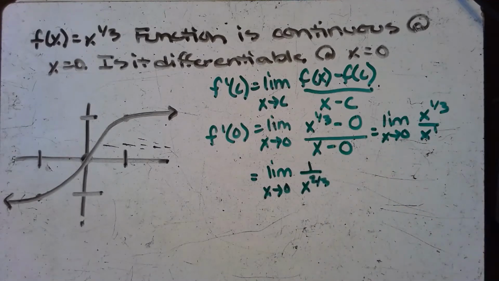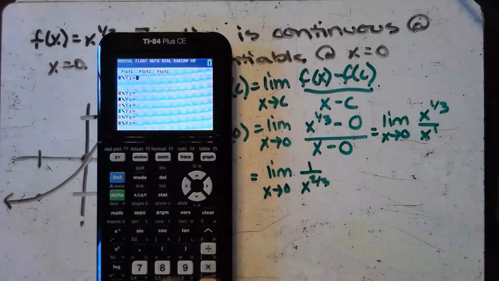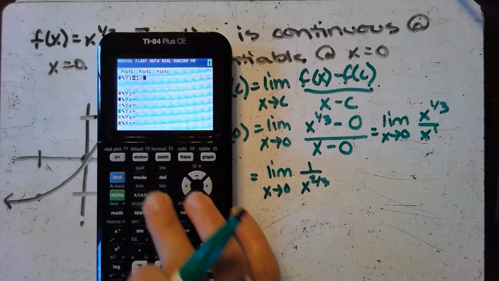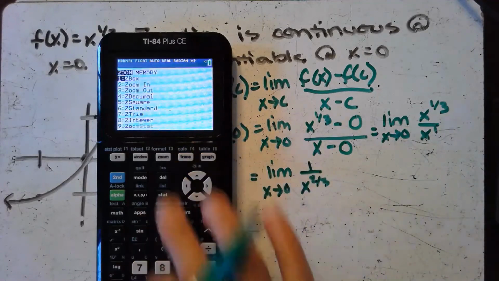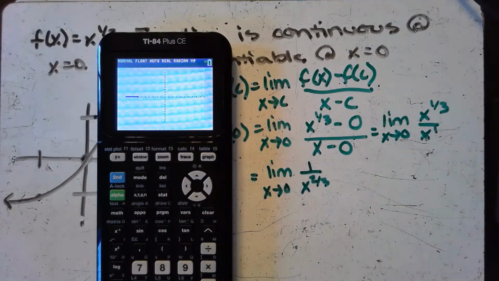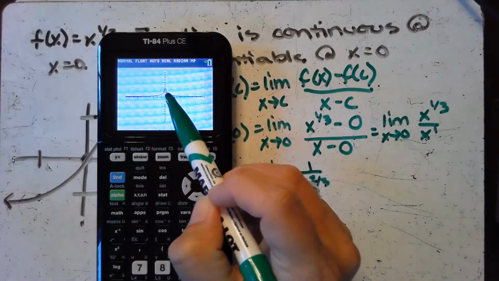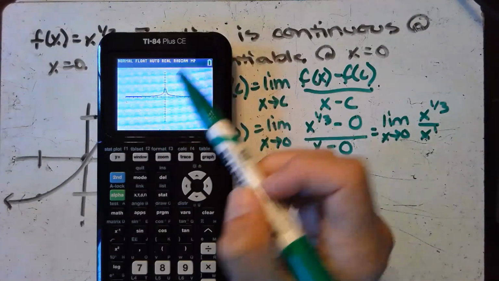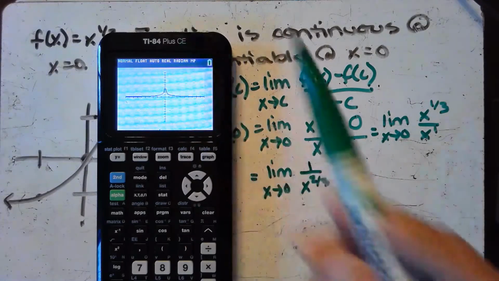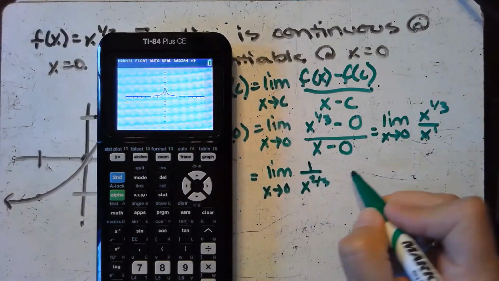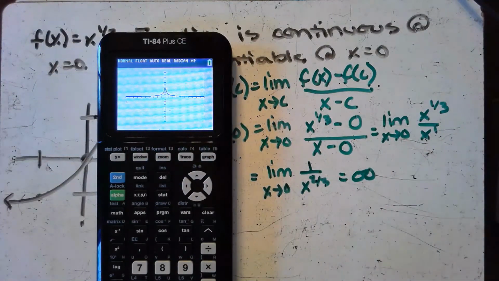If we want to graph it, we can. It's 1 divided by x raised to the 2/3. If we look as x goes to 0, we notice both of these actually end up going up. This is a little misleading because it looks like it stops, but it doesn't. It keeps going up forever, so it keeps going off to infinity.